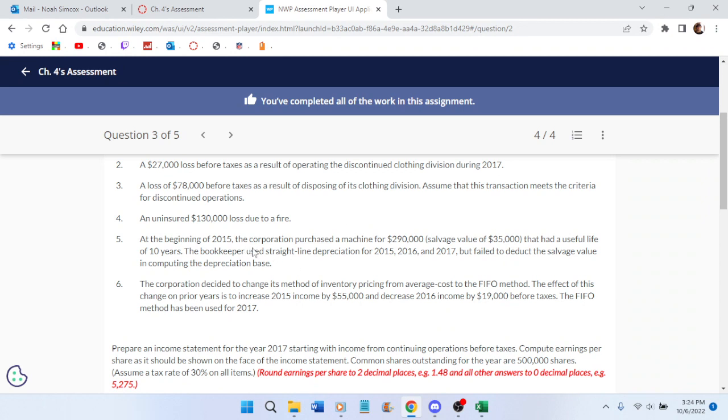Now we have to make an adjustment for this thing. Listed value of machine or something like that.